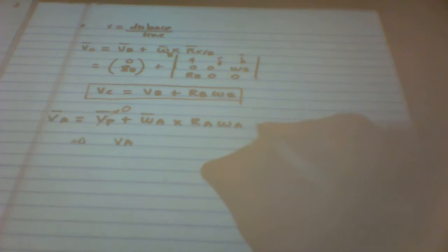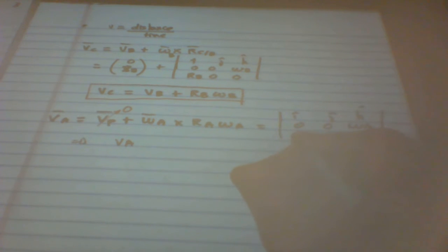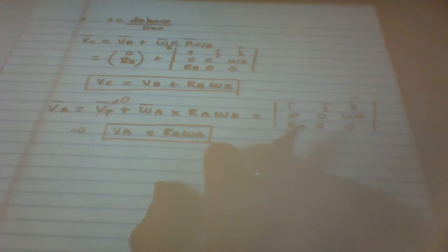This will be 0, so this will give us that VA, and then let's start going a bit faster.